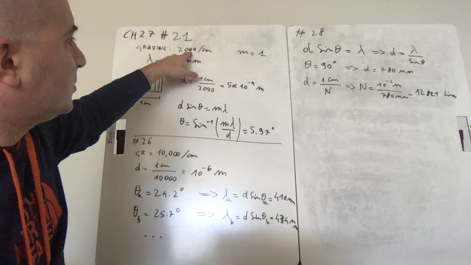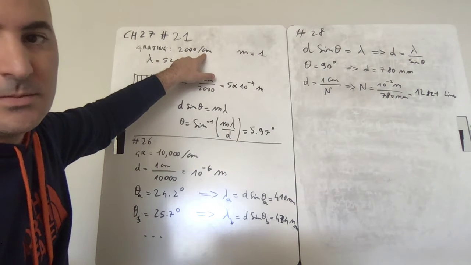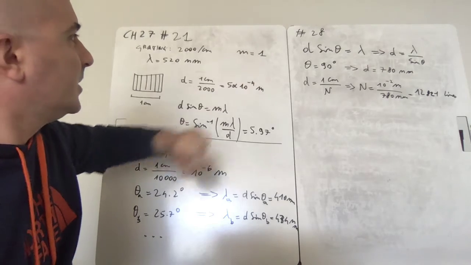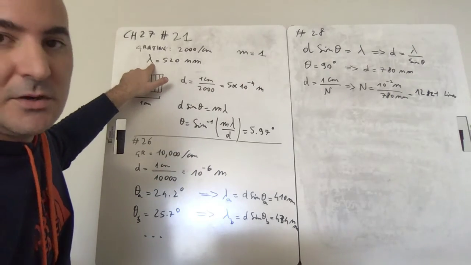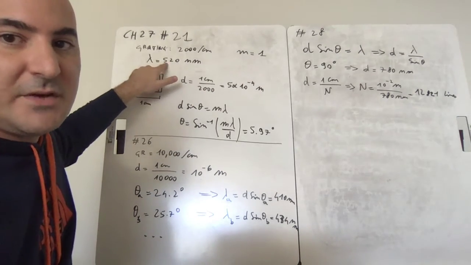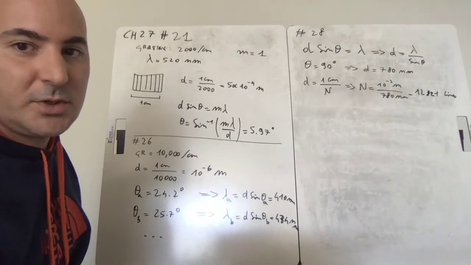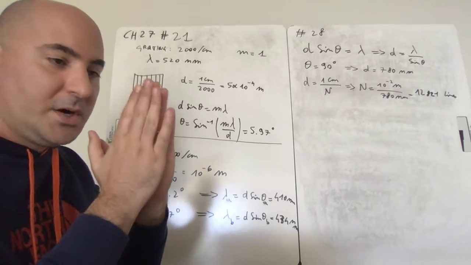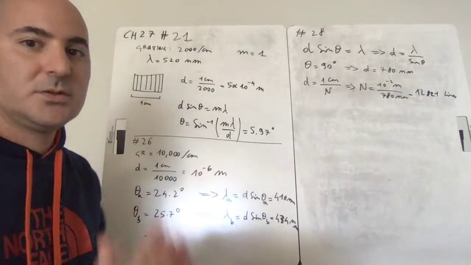So the grating is 2,000 lines per centimeter. We want the first order, so m equals 1, and lambda, the wavelength of the ray of light, is 520 nanometers. The first thing we want to do is find how far apart two slits are.